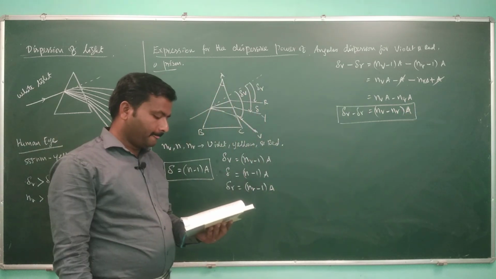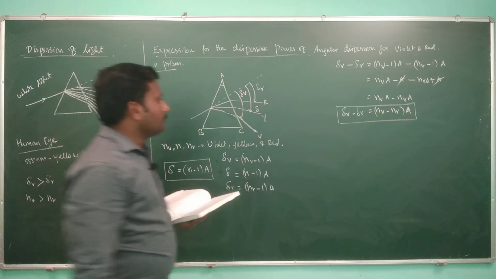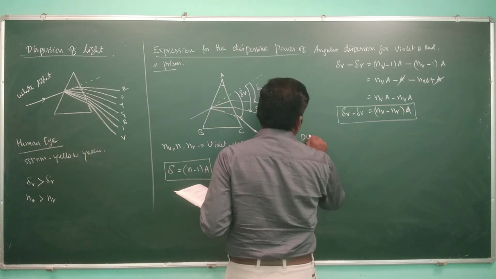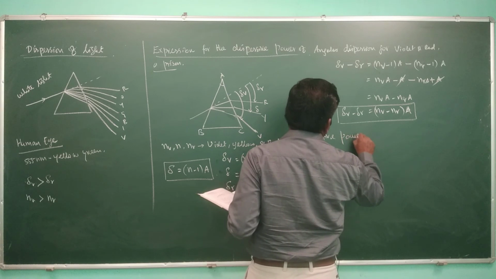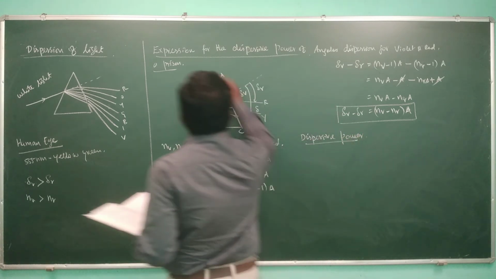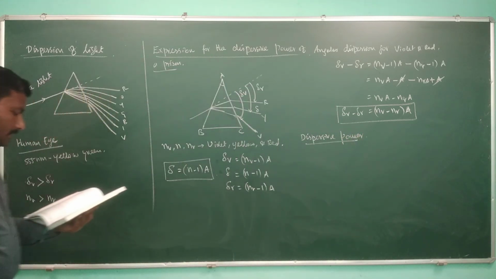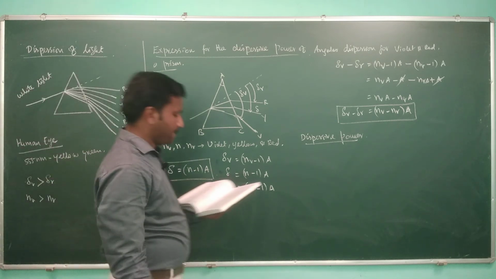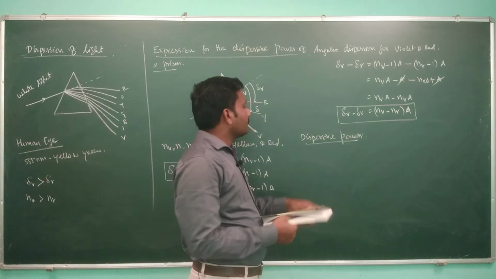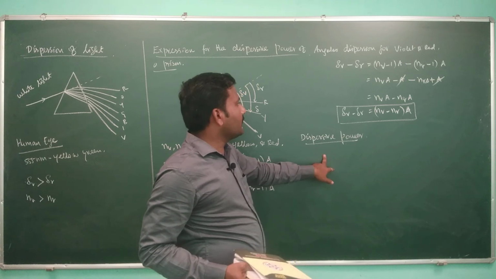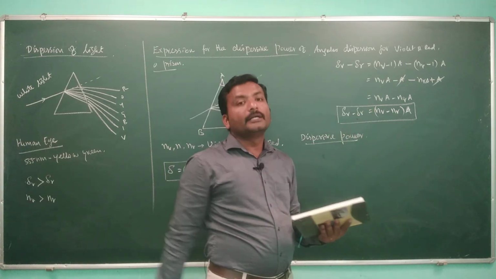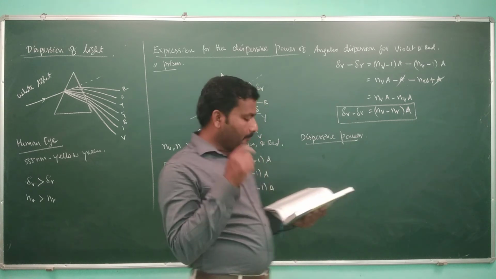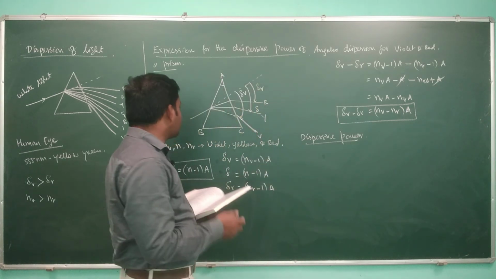Okay. Now, dispersive power: how to find the dispersive power. That is the beginning of this derivation. Dispersive power is the ratio of the angular dispersion of any two colors to the deviation of the mean ray.